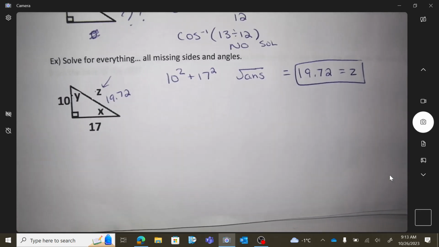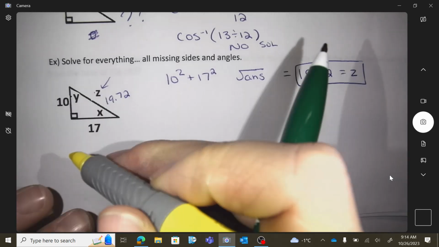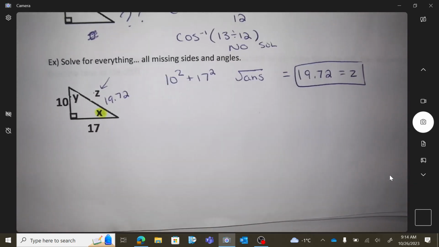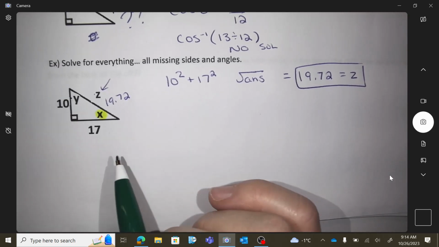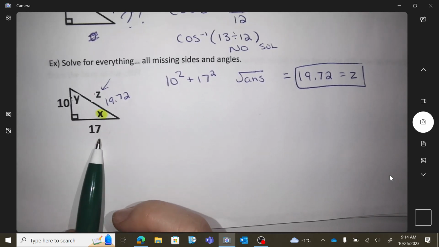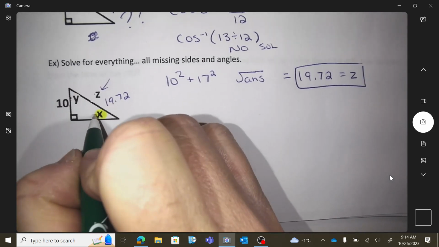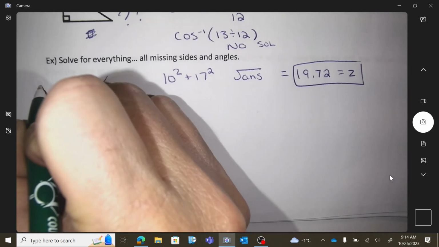Okay, so next we're going to pick either x or y. Doesn't matter at all. Let's just all pick the same thing though. X. Ooh, unanimous. Okay, so I'm going to be finding an angle. Now here's the trick. You could use SOH, CAH, or TOA because you have all the sides. I would use the 10 and the 17 because they were put on the paper first. So this is the what to the x?